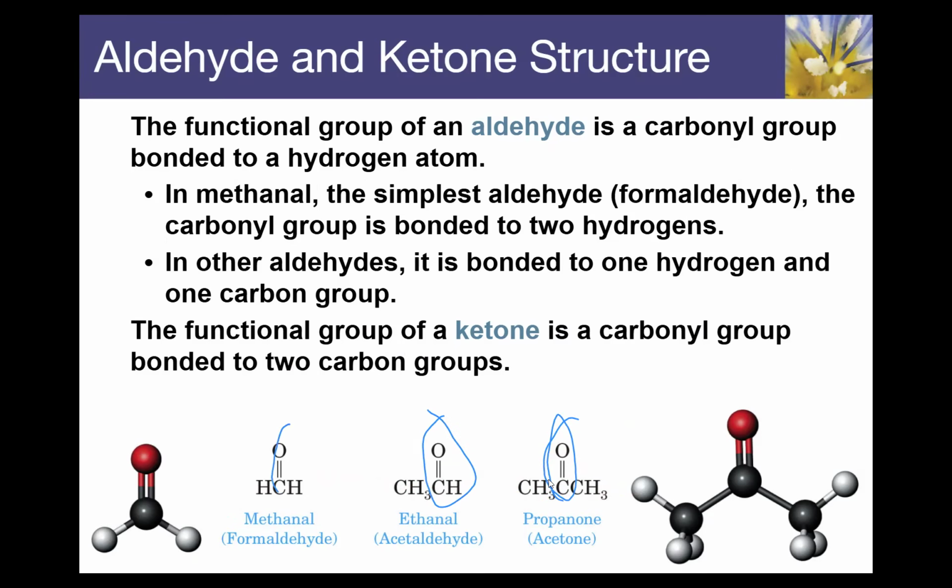Every aldehyde will have the carbon double bonded to an oxygen and also bonded to a hydrogen. A ketone you can identify by looking for this carbonyl group, and it'll have two carbons on either side.